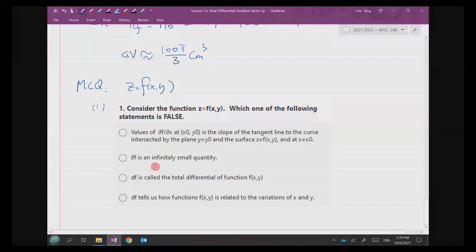Second one, partial f is an infinitely small quantity. The third one, df is called the total differential of the function f of x, y. Last one, df tells us how much function f changes with the variations of x and y. So which one is false, or which one or two are false?